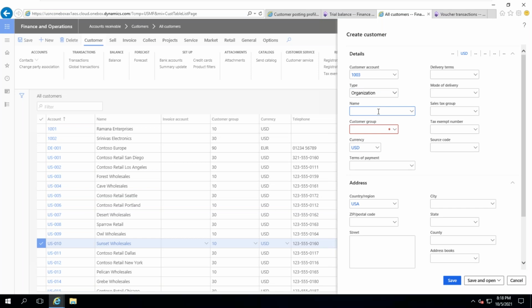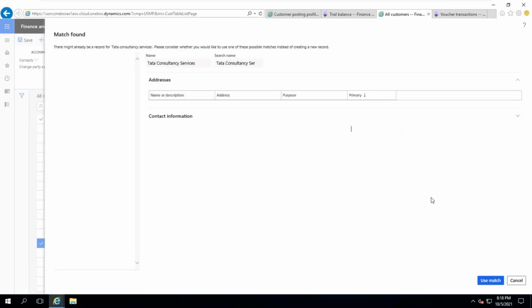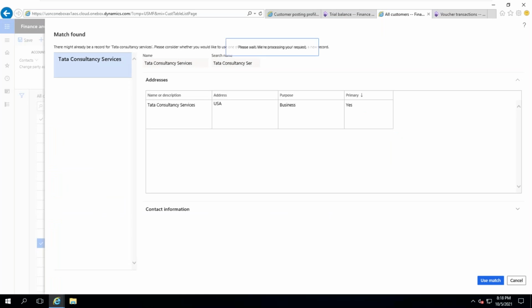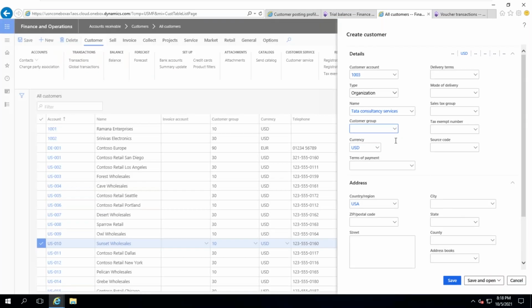Let me write down the TCS customer, Tata Consultancy Services. So I'm mapping to this normal group, domestic customers or regular customers, whatever it may be. I'm mapping, take the example 10, click OK.